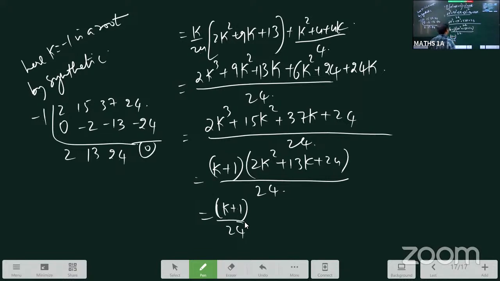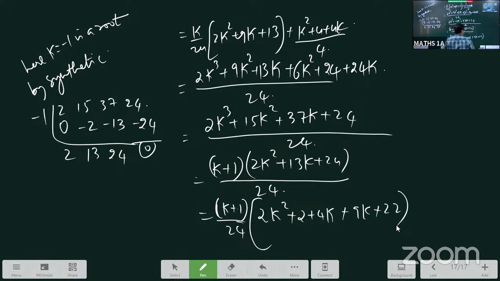Next, 2k square: I want 2n square, which means 2 into n plus 1 whole square. So 2k square plus 2 plus 4k. From 13k I wrote 4k, which means 9k will be left out. From 24 I wrote 2, which means 22 will be left out. Is it clear? Right.